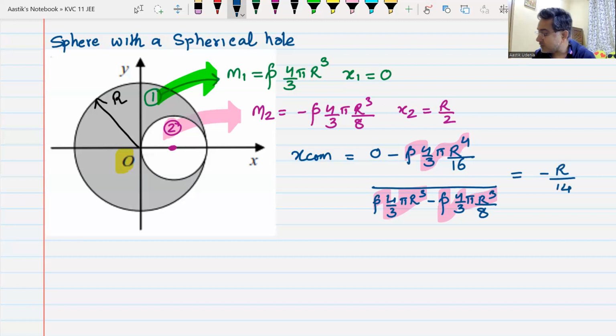That is what I think you are going to get. And that I will assume is the answer for this one if I have calculated things correctly. Is this the answer that you are getting? Yes or no? Or something else?